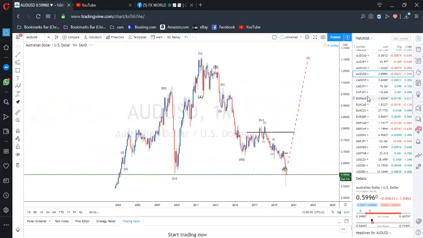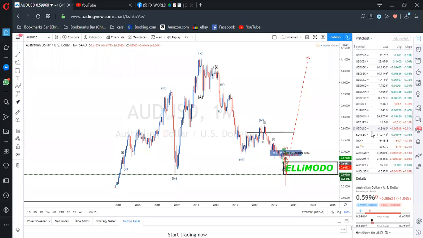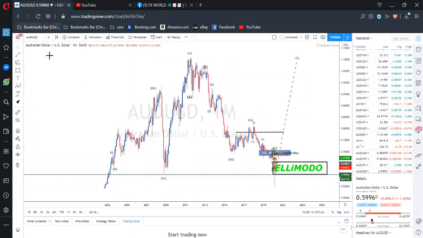I was just trying to show you that different charts have different starting points. In this chart here, it's a Saxo chart. You see Saxo here? It shows detail all the way up until 2003.